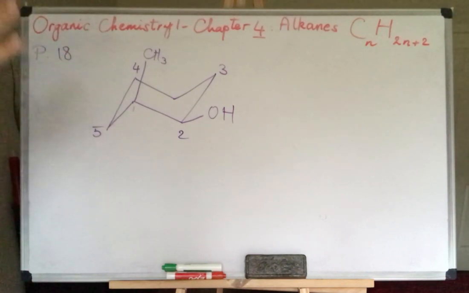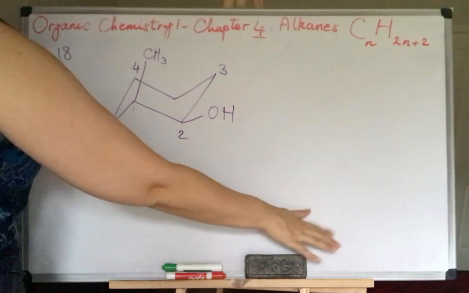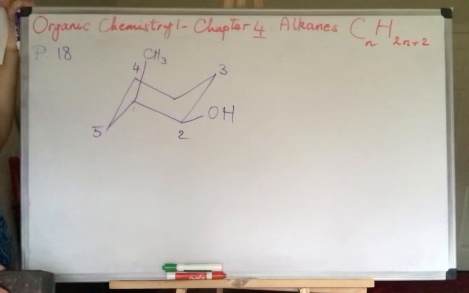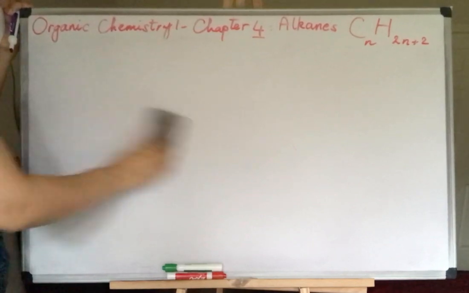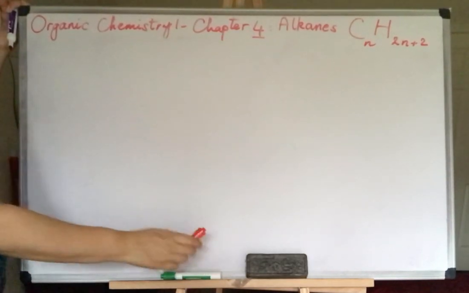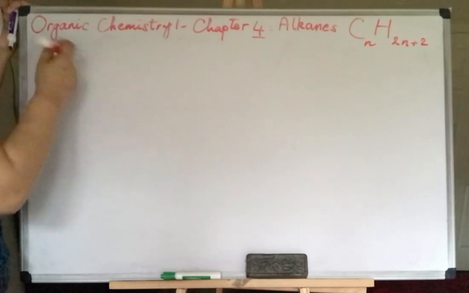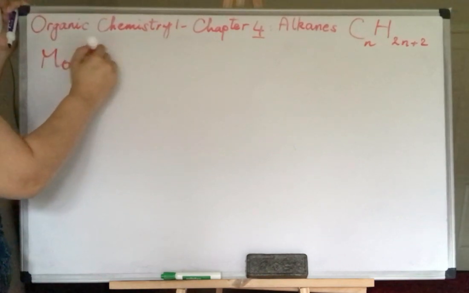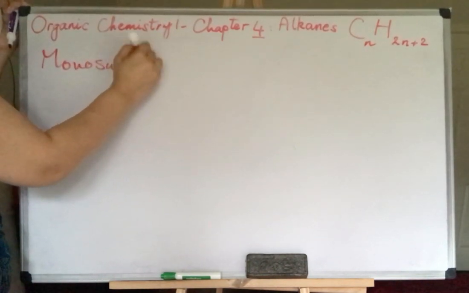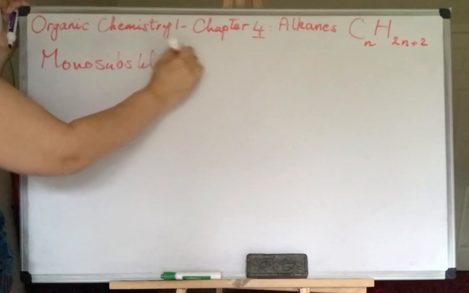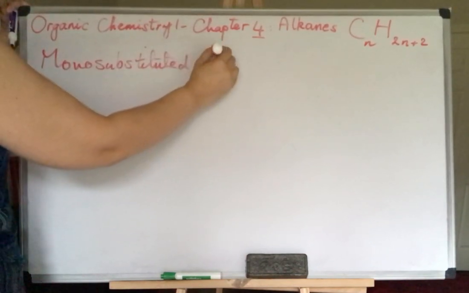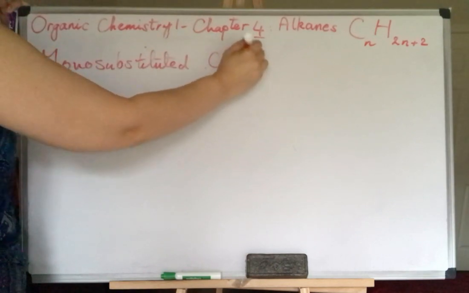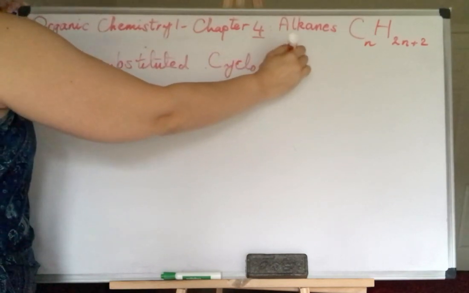That's about the cyclohexane without substituents so far. Now, let's work on the substituents. What if we have one substitution on our cyclohexane? Monosubstituted cycloalkanes.